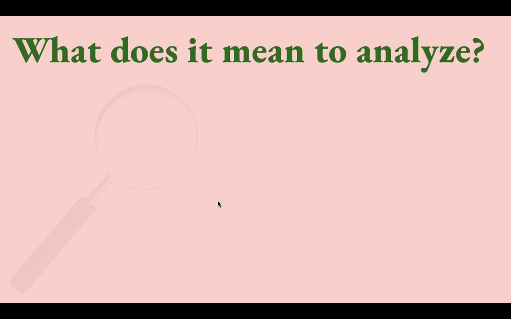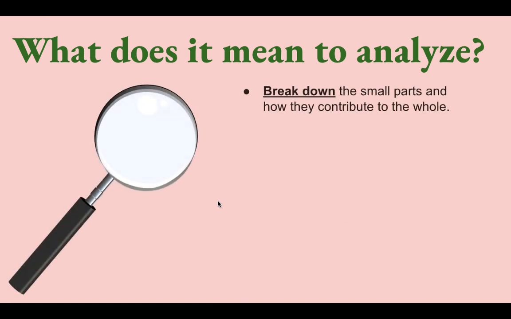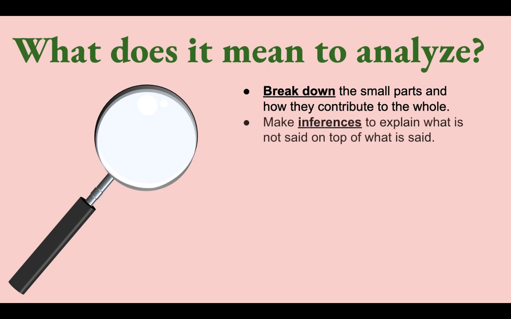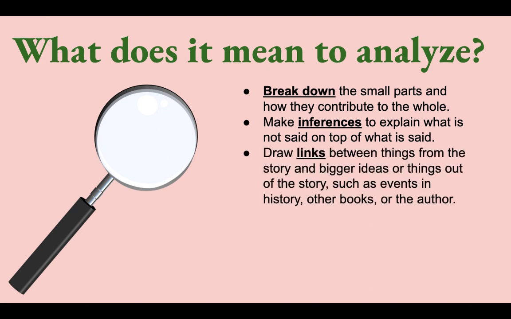So we do the same thing in literature. Break down the small parts and discuss how they contribute to the whole. Make inferences to explain what is not said on top of what is said. Draw links between things from out the story and bigger ideas, or things out of the story, such as events in history, other books, or the author.